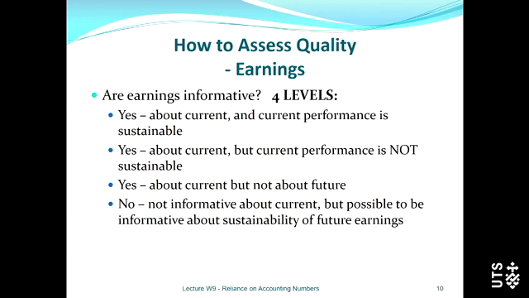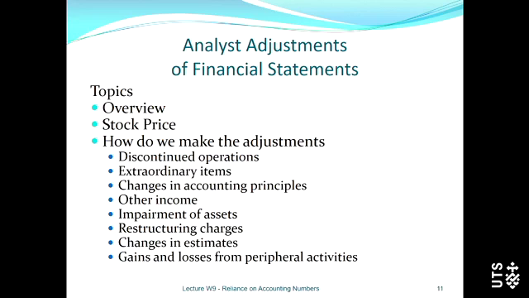And the lowest possible level is when the information in earnings is not even telling us what's happening in the current period. The reason for that being the lowest level is because there are concerns that the company is actually hiding what happened, and there's good reason to think that there could be some earnings manipulation in that situation.